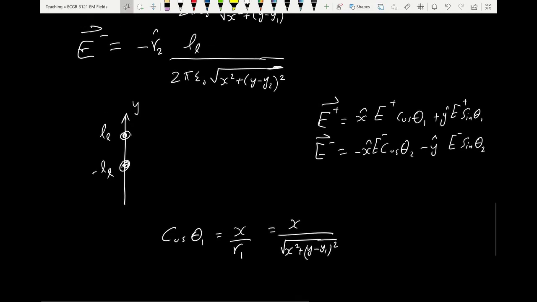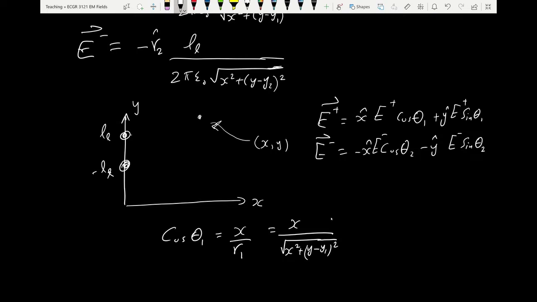Right, so this is the x-axis. We're interested in finding the total field at a certain point in space, right? So this certain point in space will be at x, y. Actually, let me draw it somewhere here. Okay, so this will be some point x, y.